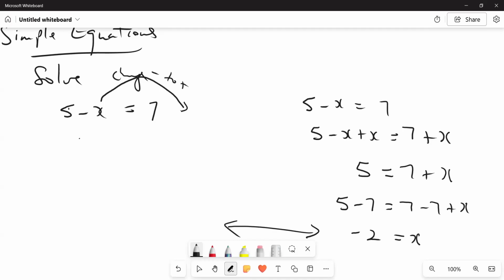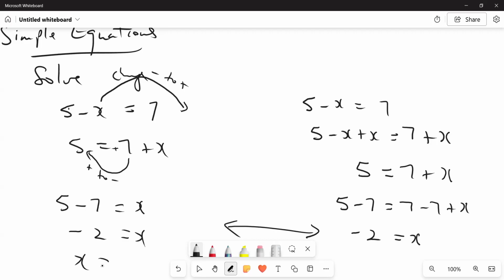So you get 5 is equal to 7 plus x, right? And then you take the 7 over here, and of course, the plus sign becomes minus. So you change it, you get 5 minus 7 equals x, minus 2 equal x, right? If you want to write that back, x equal minus 2, that's up to you. So that's a shortcut.